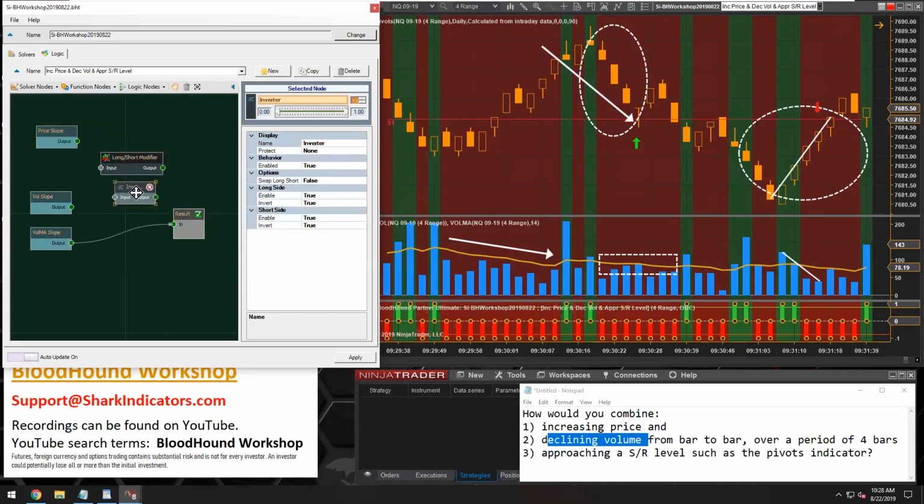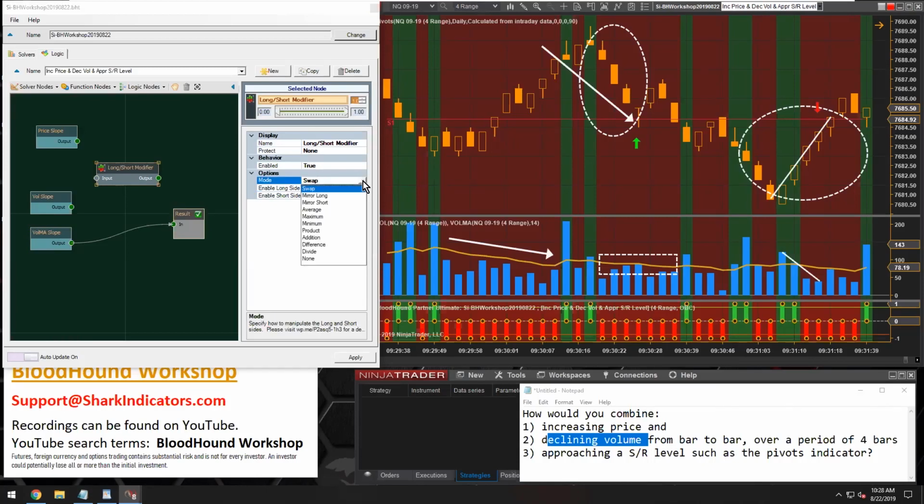So we can see that the inverter also has an enable short side or enable long side here. So we could use either one of these to basically disable the long side, right? That's what we want to do, disable the long side here. But I'm going to stick with the long short modifier. So we're going to take the enable long side and set it to false, turn it off, and then the mode, we don't want to swap things.